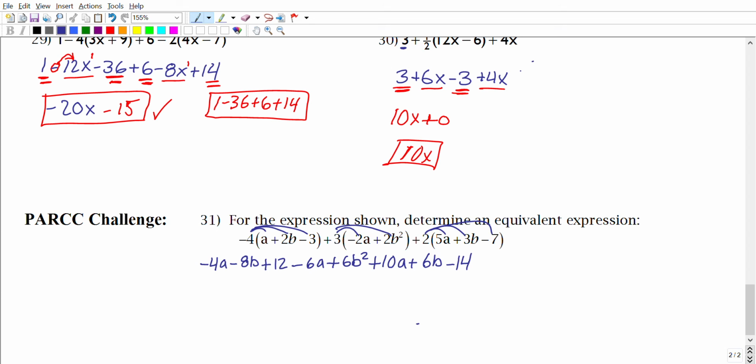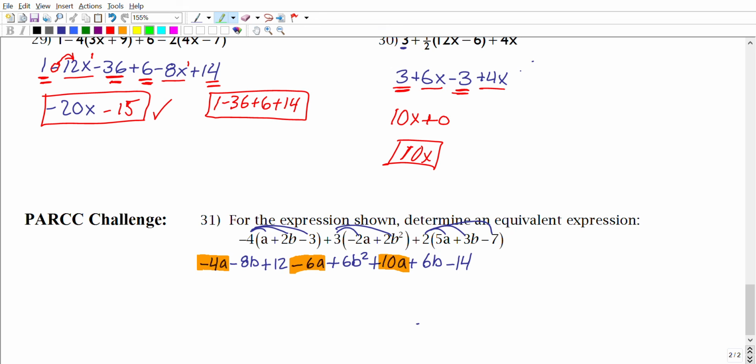So just like before, we're going to go ahead and combine like terms, all right? And actually, because I want to make sure I don't write a ton of lines, I'm actually going to go ahead and highlight a few of these, okay? So right off the bat, I see negative 4a, negative 6a, positive 10a, and I believe that's it for the a's, okay?